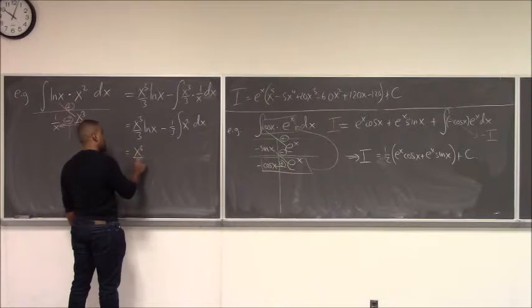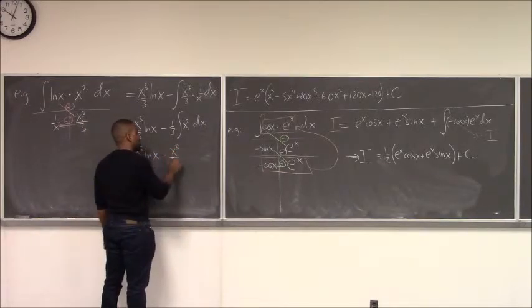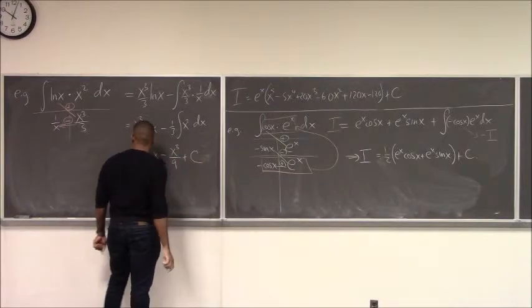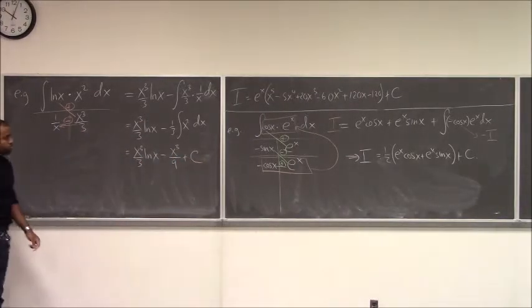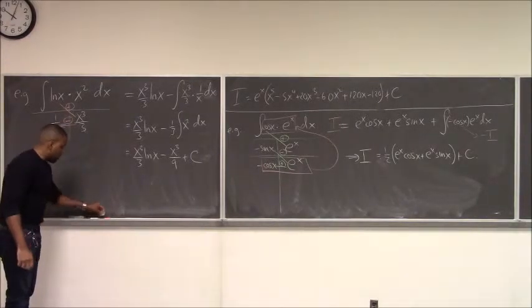And as we got last time, this just becomes x cubed over 9 plus c. Right? So that's called tabular integration.